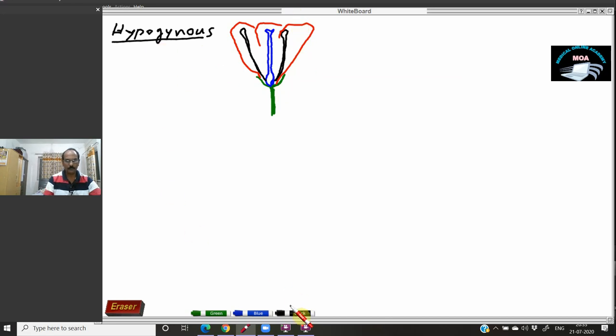This is also known as the superior ovary. The ovary is superior because it is present at the uppermost position and all other parts are present below that. Actually, we can take the diagram like this. This is the thalamus, and here you can see the ovary, and other parts are arranged here.